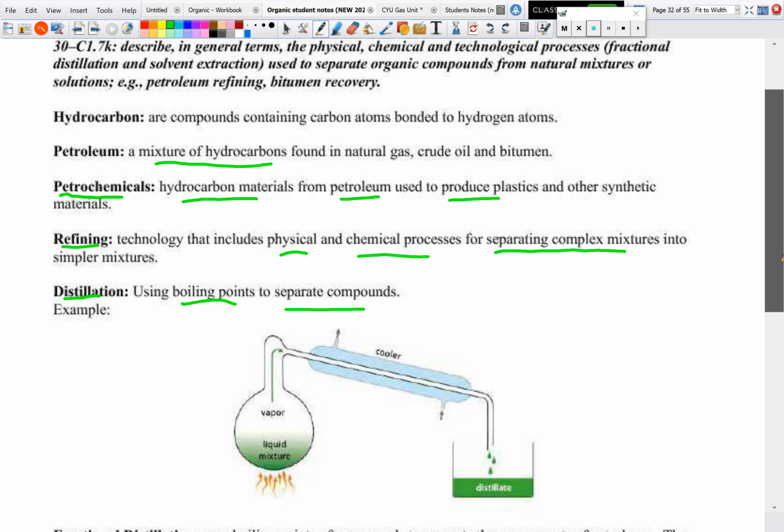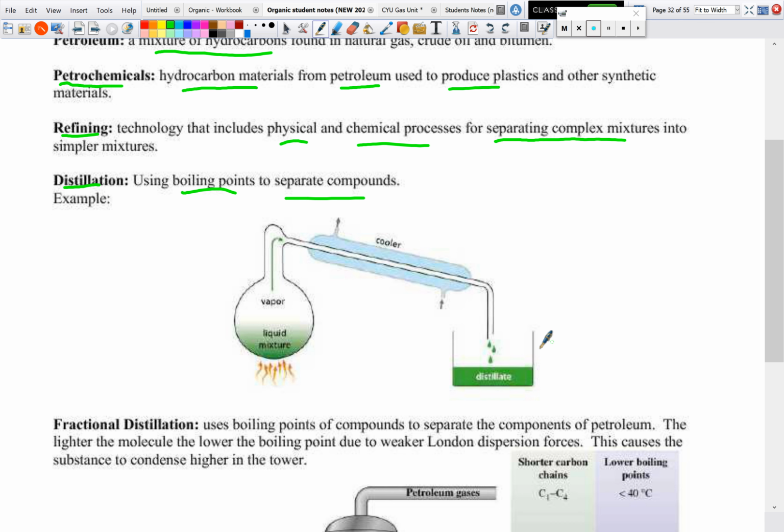So, what does distillation look like? It looks like this diagram right here, where we have a liquid mixture that we heat up. It's going to boil, turning into vapor, and then we want the vapor to condense. We use a cooling device right here, so it cools, condenses into liquid, and finally we get something called the distillate, the liquid going out there.